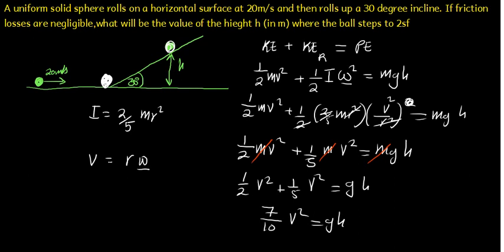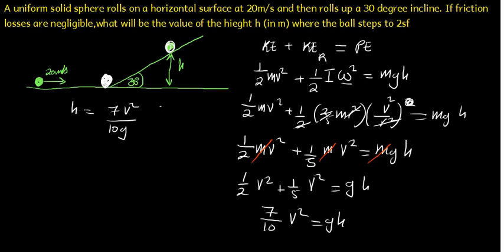Remember, we want to calculate the height, so we divide both sides by g. That leaves us with height equal to 7v squared divided by 10g.